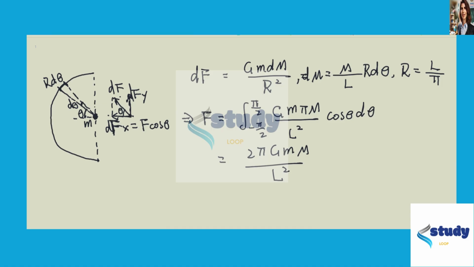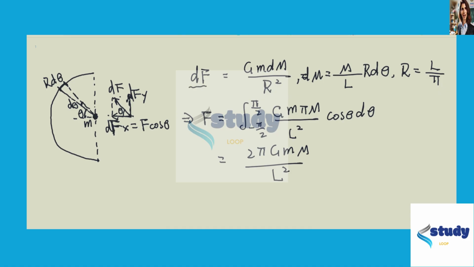And we can express this dm by the density of the rod here. It's the mass divided by the total length times the arc length here, which is r d theta.